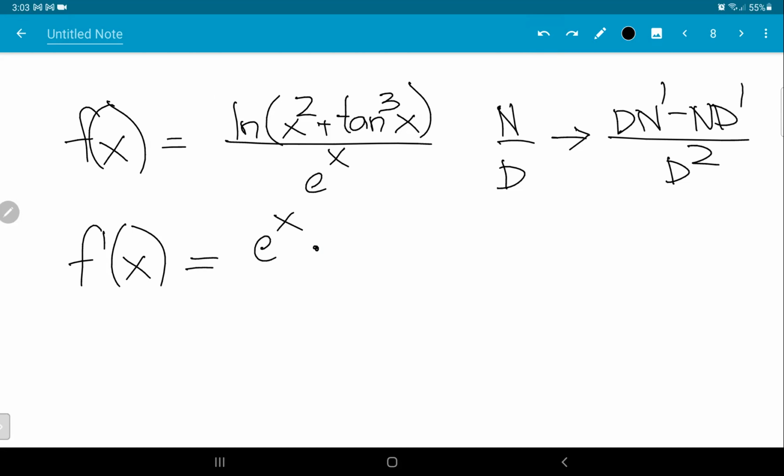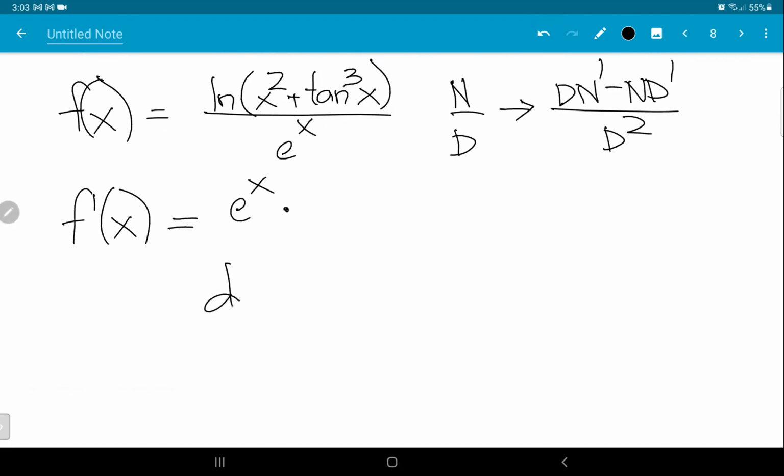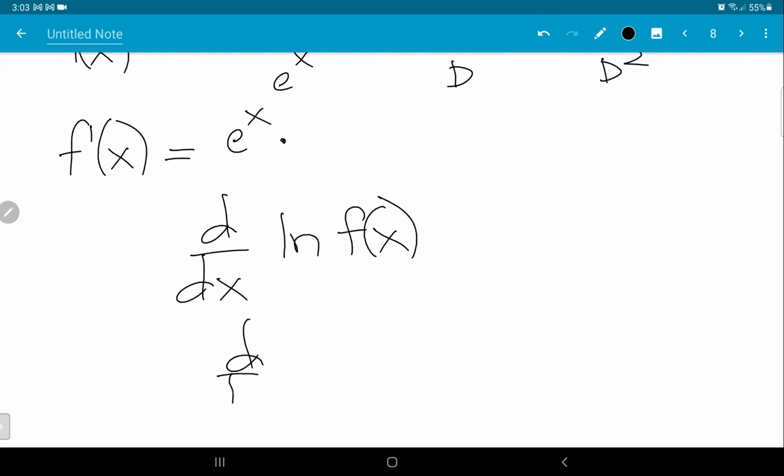Oh, kailangan ba? Mamaya pa yun. Okay? So first, we need the chain rule for logarithms. The derivative of ln x is, by the way, 1 over x.